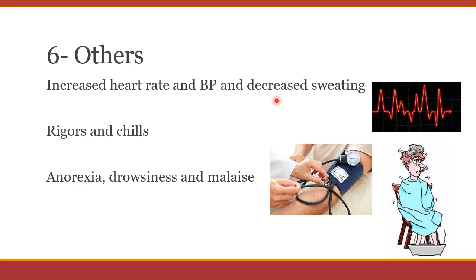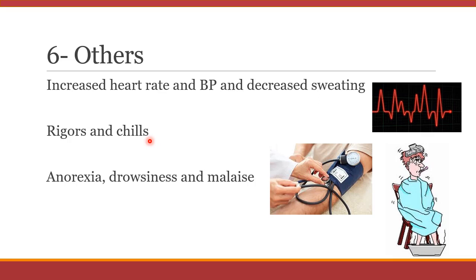Then we can see also rigors, which mean shivering, and also chills. Chills mean the perception of being cold, even if you're not cold. This is also happening because of the hypothalamic manipulation of the body temperature. There are changes in the hypothalamus and its control on the body temperature.